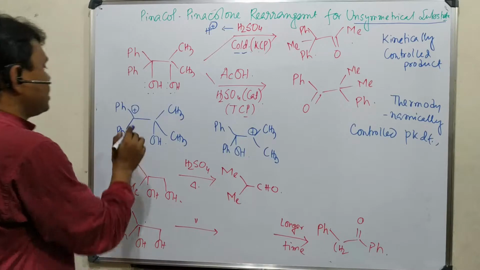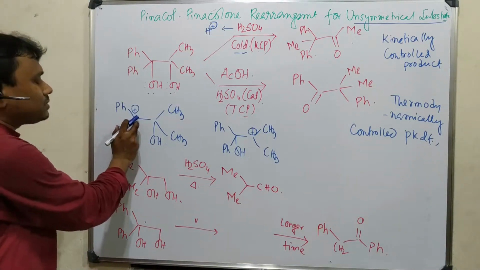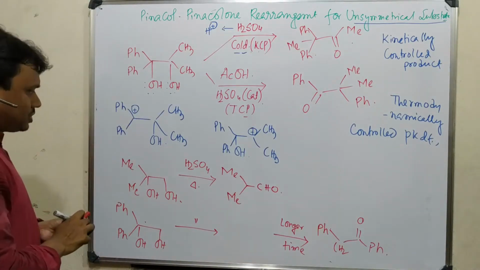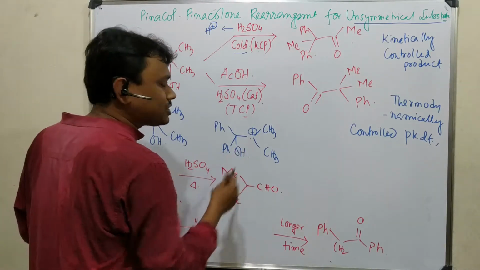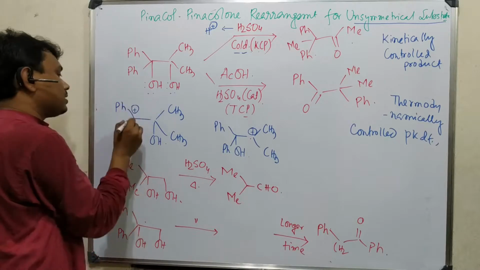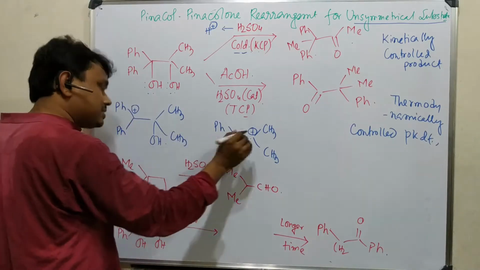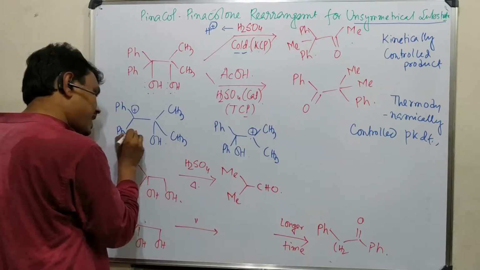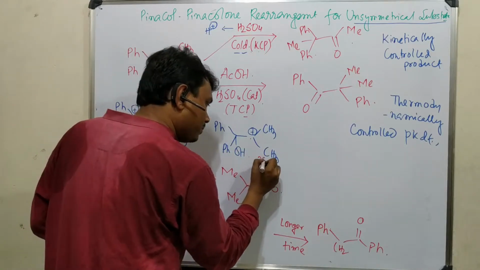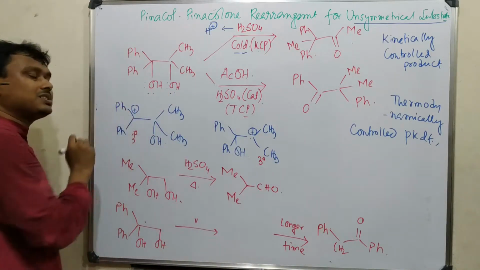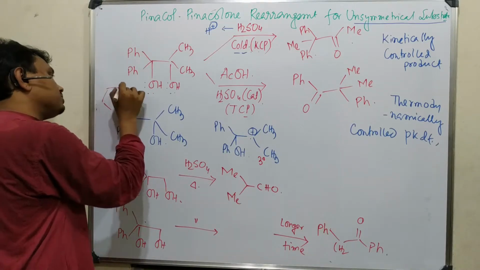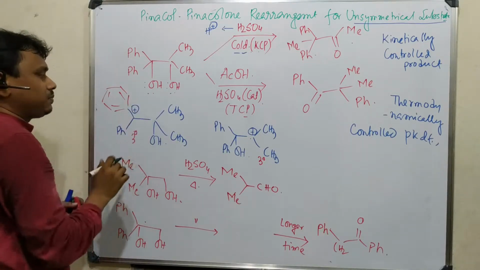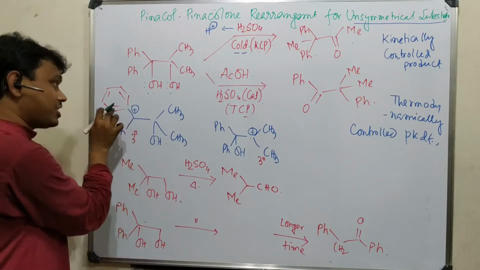In the initial reaction, the carbocation here is more stable. Why? Because this carbocation is benzylic and tertiary, while this is only tertiary. Both are tertiary, no problem, but here the substituents are phenyl, so resonance stabilization is possible for this carbocation, which is tertiary as well as benzylic.